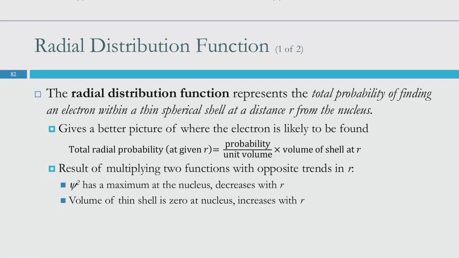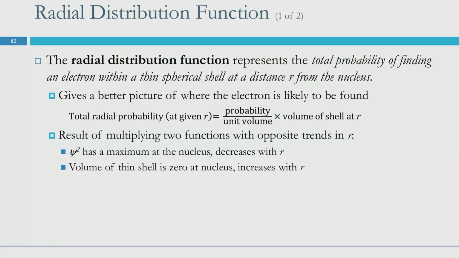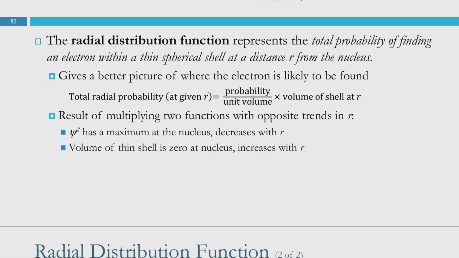The radial distribution function represents the total probability of finding the electron in a thin layer, so like taking cutouts of our little sphere, little tiny incremental pictures based on how far it is. And all that this does basically is fix our error from the previous slide.